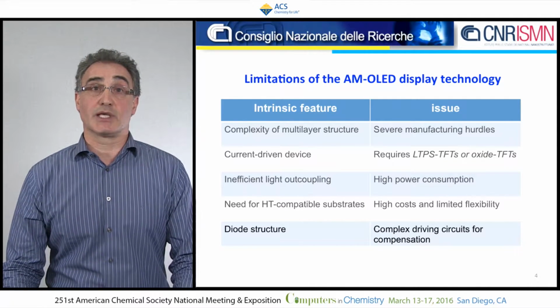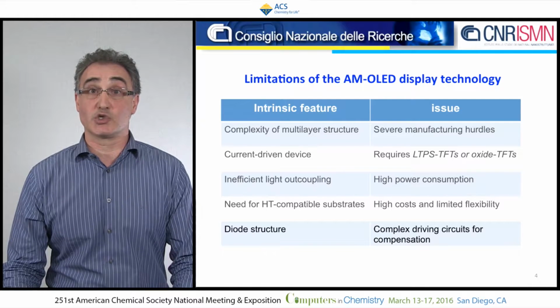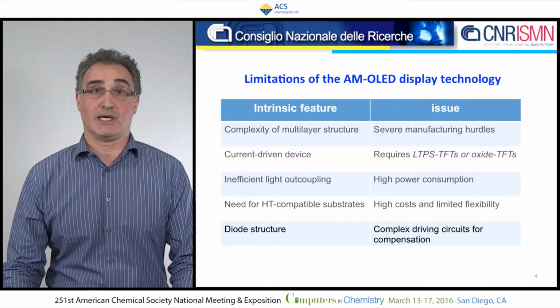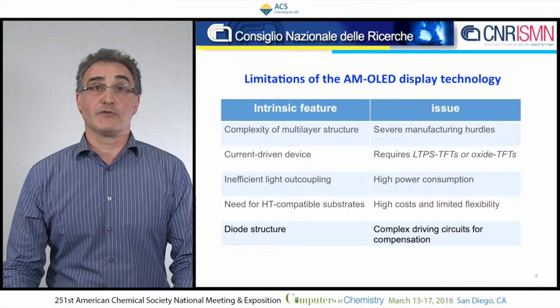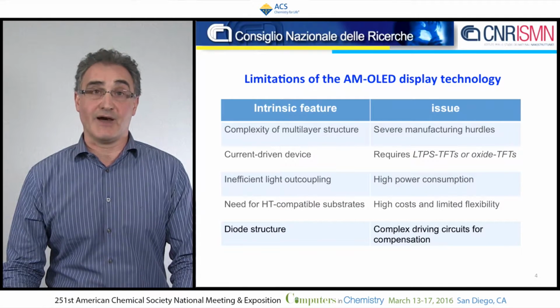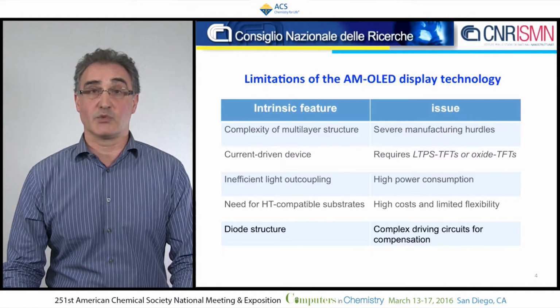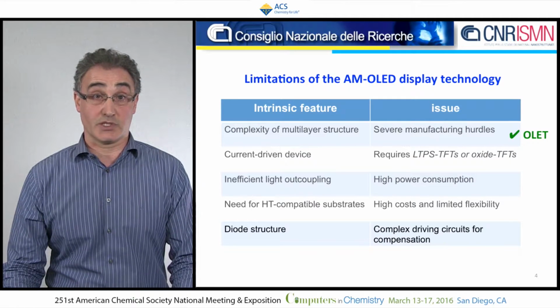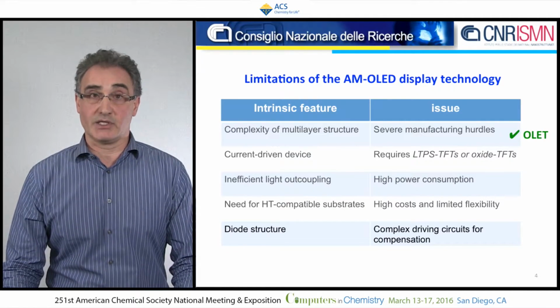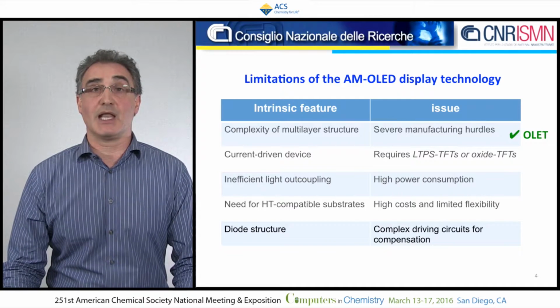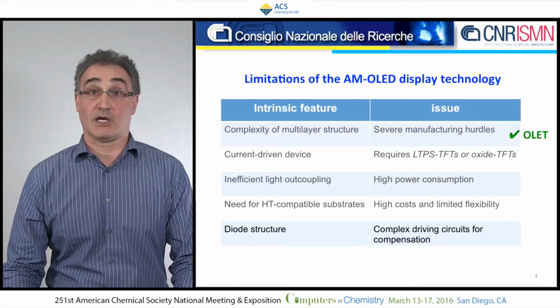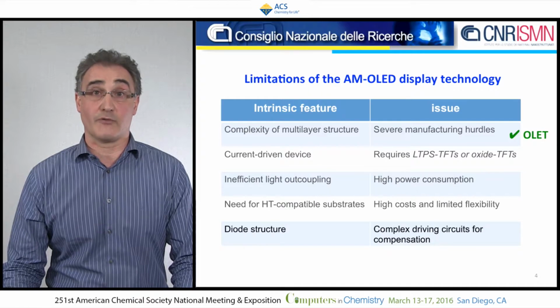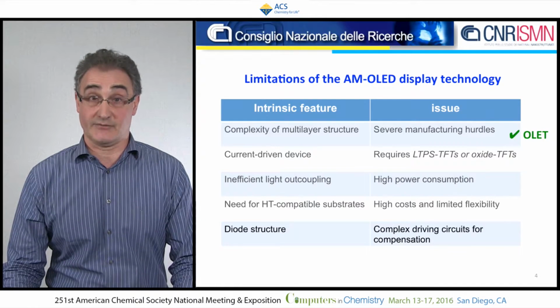All of these issues can be addressed and potentially solved intrinsically by the OLET architecture. You can first of all fabricate the device with a fewer number of layers, which has direct implication for simplifying the manufacturing process. The device is not current-driven, but voltage-driven, which allows the use of lower-end TFT technologies like, for example, amorphous silicon or organic TFTs.